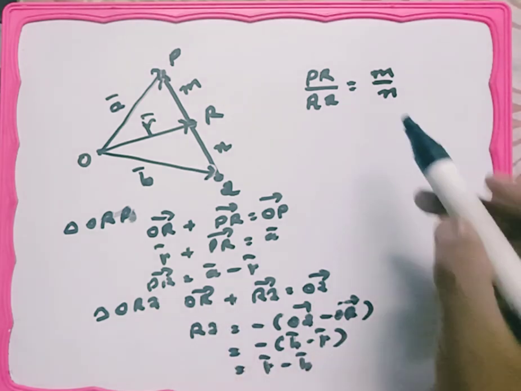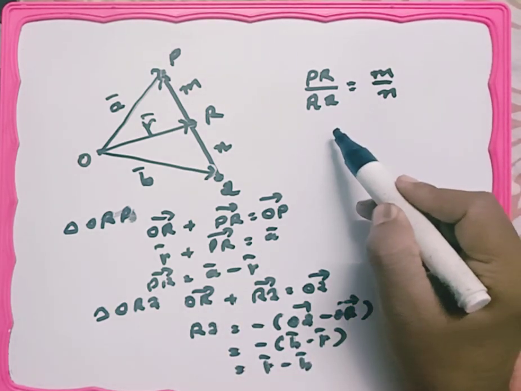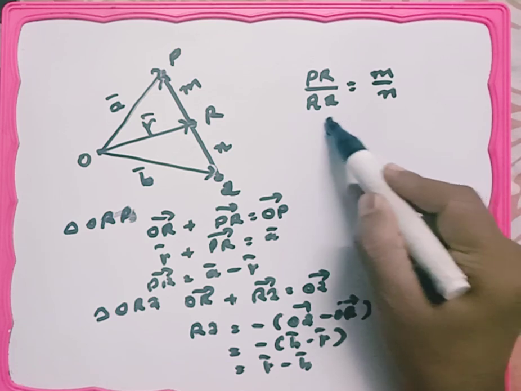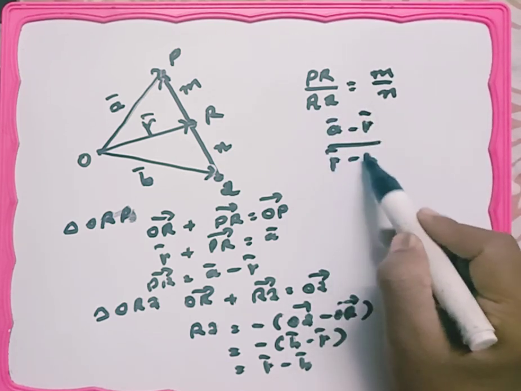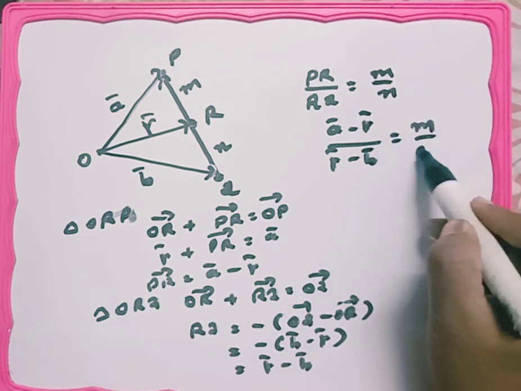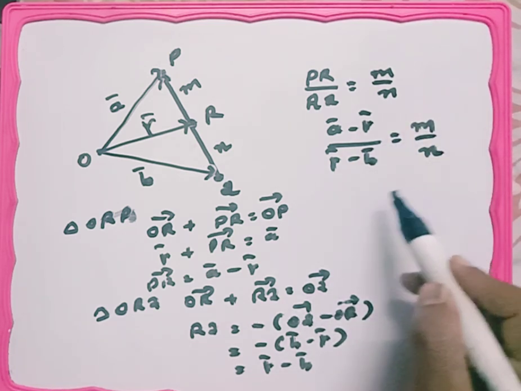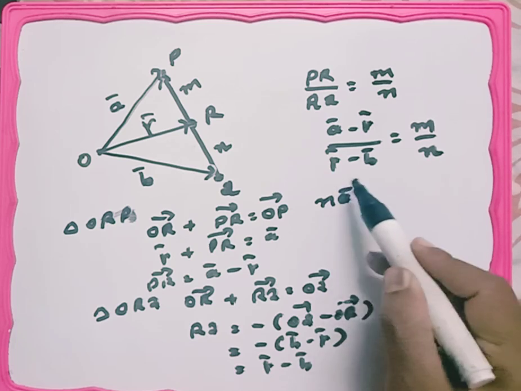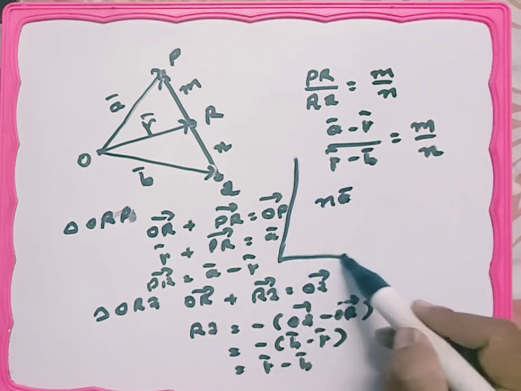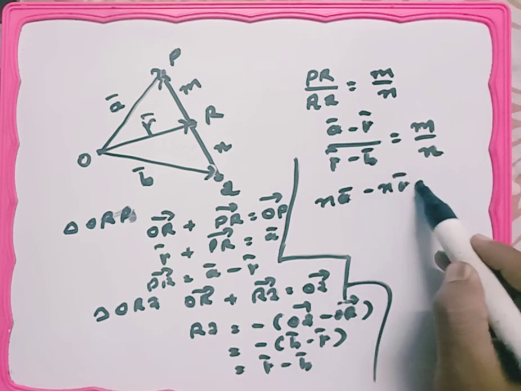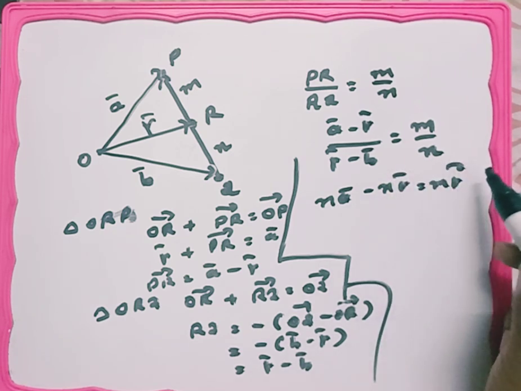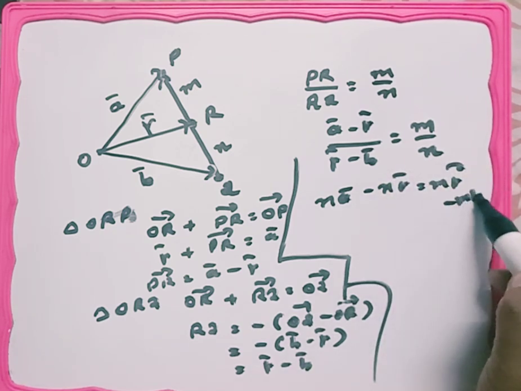So this value we substitute here, then PR vector we have a bar minus r bar upon r bar minus b bar equals m by n. So we take the cross multiply, then n a bar minus n r bar equals m r bar minus m b bar.